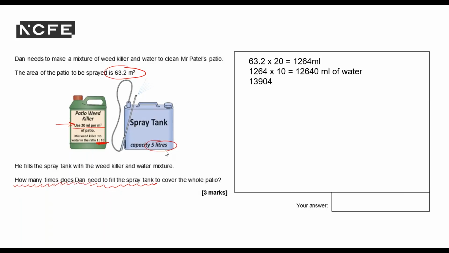Now my spray tank is in litres, and here I've got milliliters, so 13,904 milliliters altogether. Convert that into litres. I need to divide by 1,000 because there's 1,000 milliliters in a litre. That gives me 13.904 litres. Now, the capacity is 5 litres.